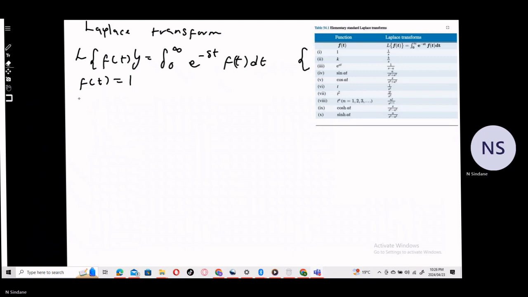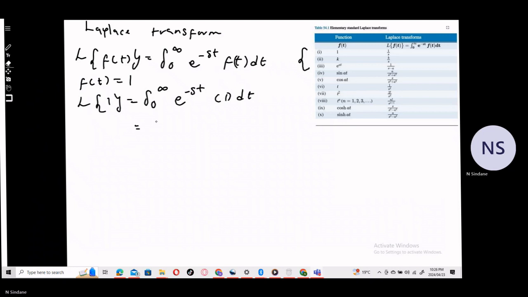So we write the Laplace of 1 equals the integral from 0 to infinity of e to the power minus st, then instead of f of t we substitute 1, dt.